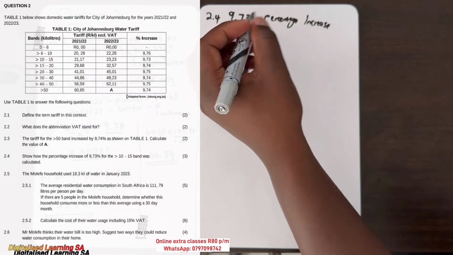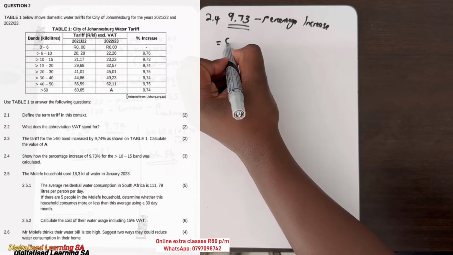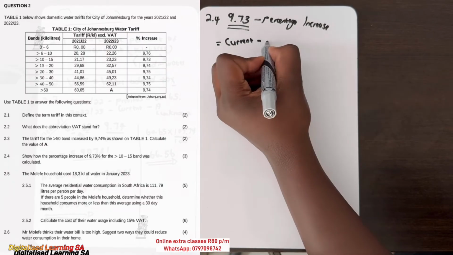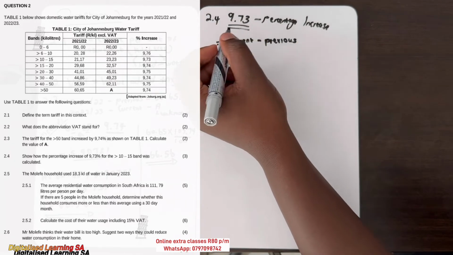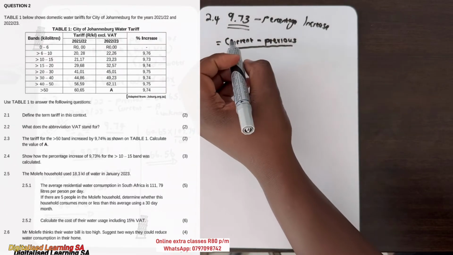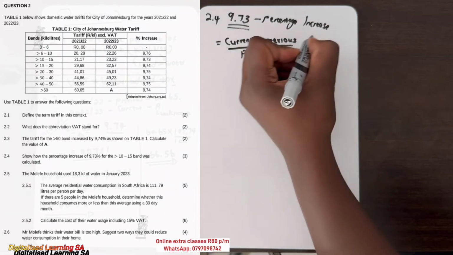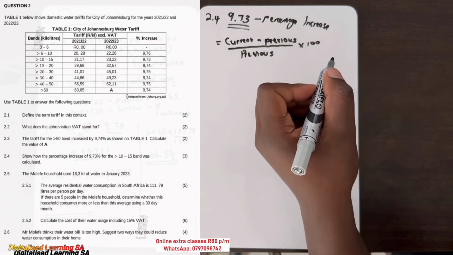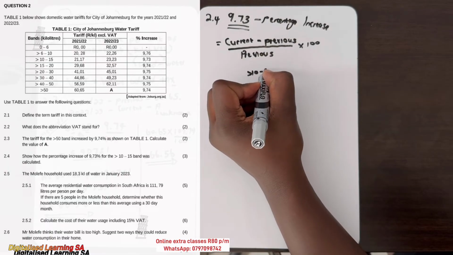Remember to use this formula, which is current minus previous, divided by previous, multiplied by 100. So remember, we are only focusing on this band, 10 to 15.